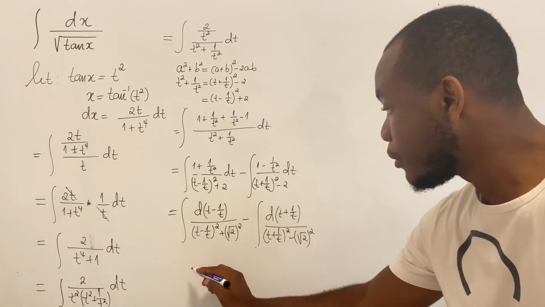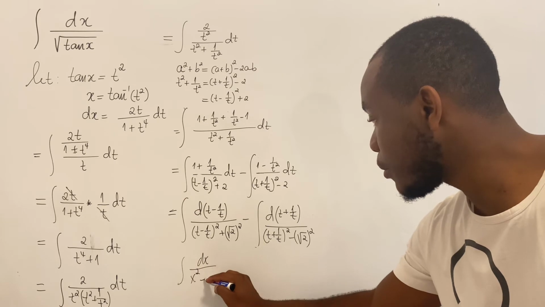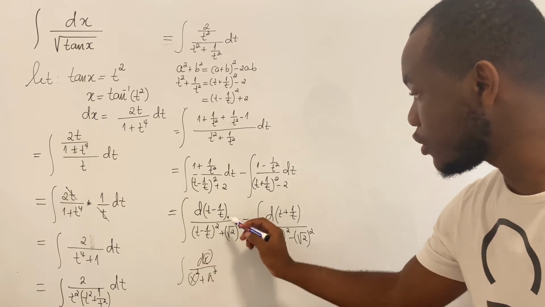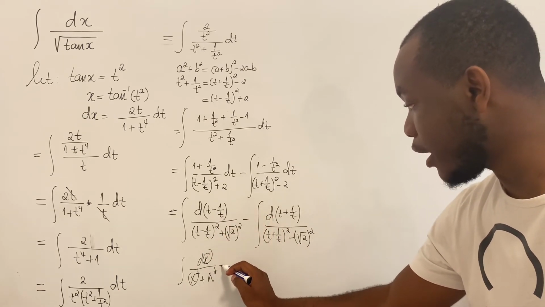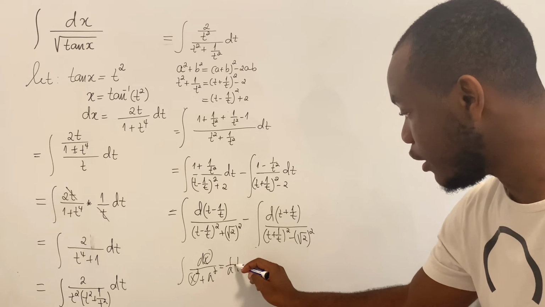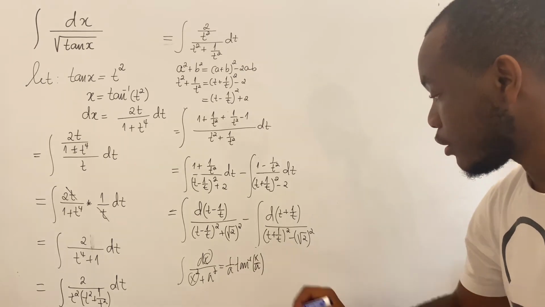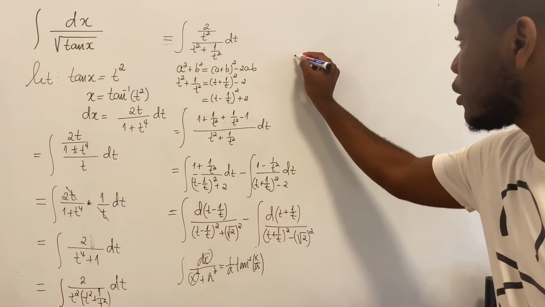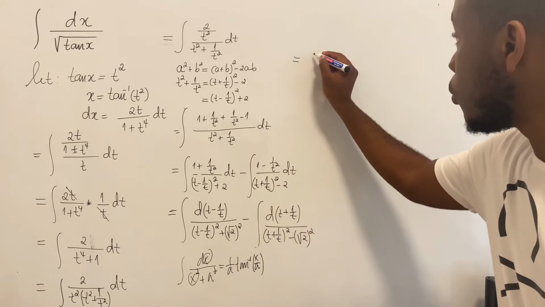This integral reminds us of the integral of dx over x squared plus a squared. The argument is the same as the base, which is not different. Our argument is the same as the base. And this reminds us 1 over a inverse tan of x, which is the argument, over a. So we can apply this approach here. For that particular case, our integral will be 1 over a.